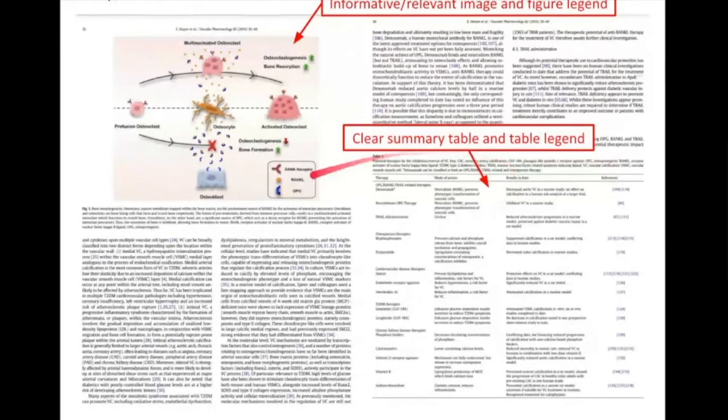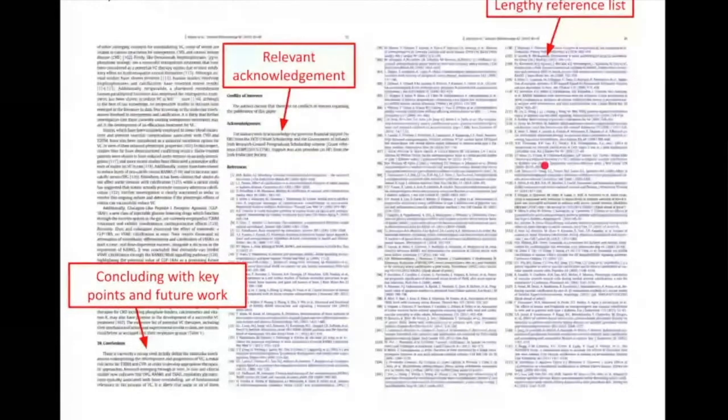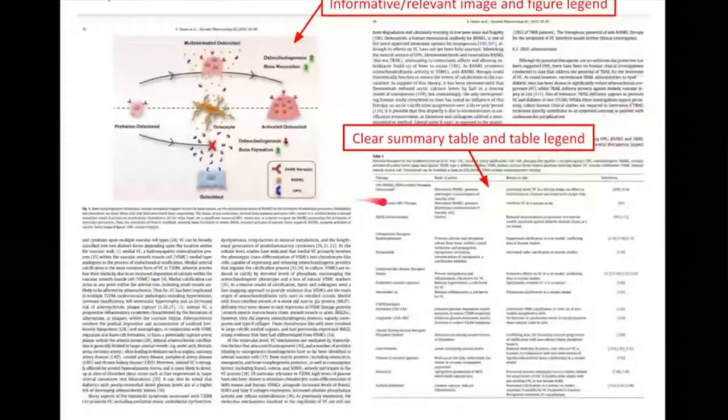Okay, so it has a clear summary table and table legend. As you can see here, different types of references they are discussing, and they divide them into different types of criteria, and you see how it is actually related. This is a very clear summary table and table legend as well. As you can see here, each category is not related to only one reference.